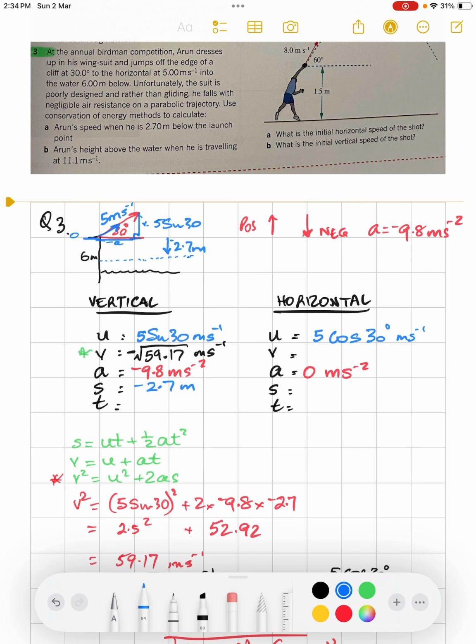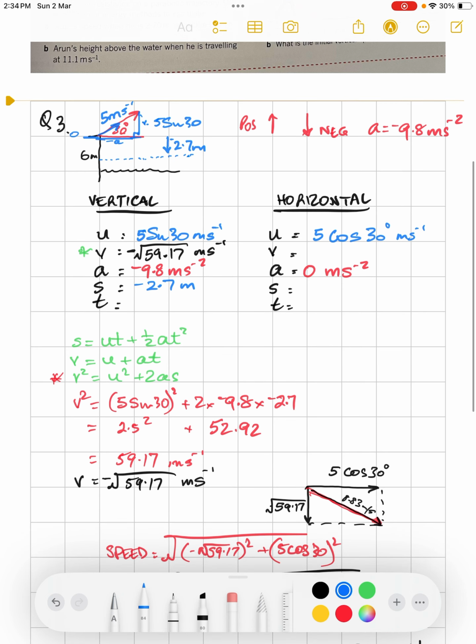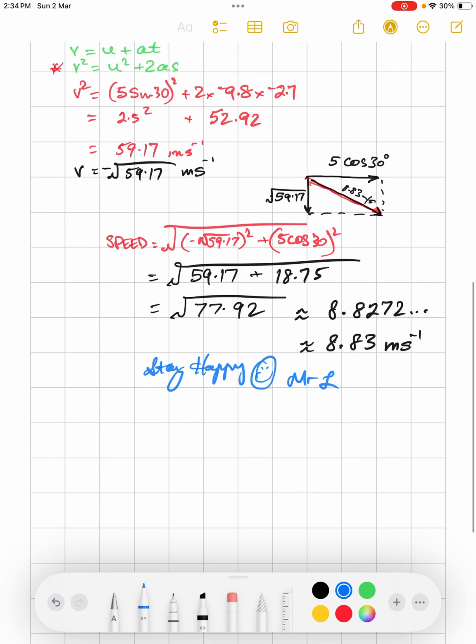Now, part B says Arun's height above the water when he's traveling at 11.1 meters per second. Well, let's have a look at 11.1 meters per second.